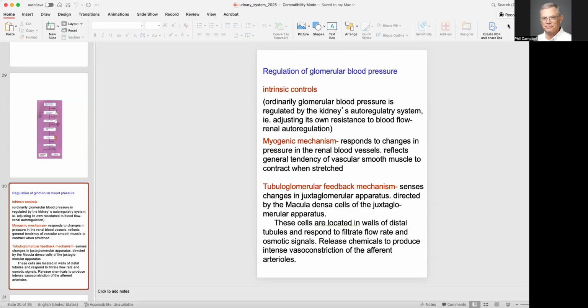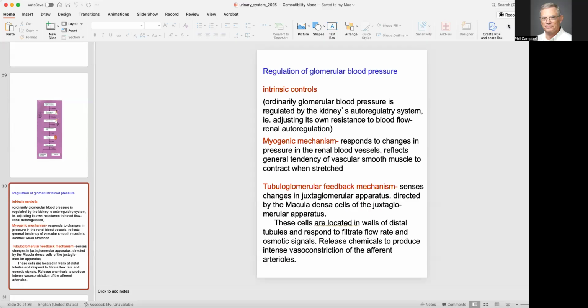Okay, let's do an overview. So basically, what it boils down to, when we talk about functionality of the nephron, is that the only thing we can change is net filtration pressure. So we can either increase or decrease blood pressure across the glomerulus. We can do that locally, or we can do this systemically.